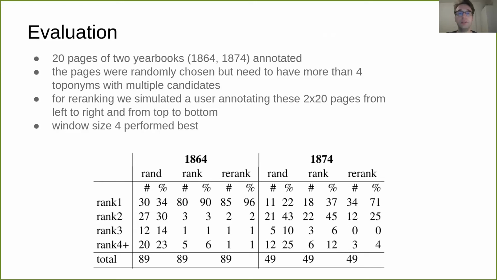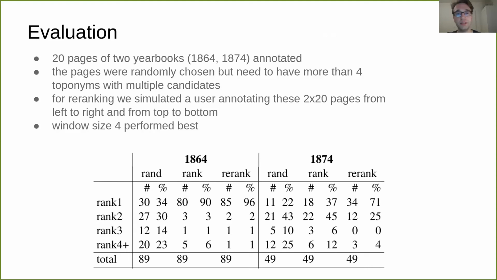And to evaluate the re-ranking, we additionally simulated a user that goes through the text from left to right and from top to bottom, and that marks missing toponyms and verifies candidates. We also systematically tested the approach with several window sizes and found that a window size of 4 works best. So the numbers that you see below in the table are for that window size.